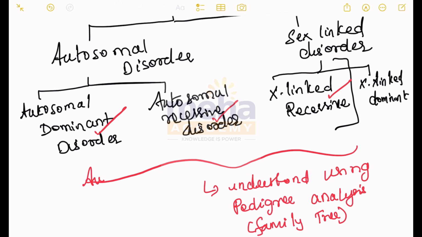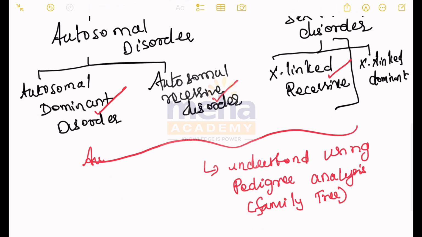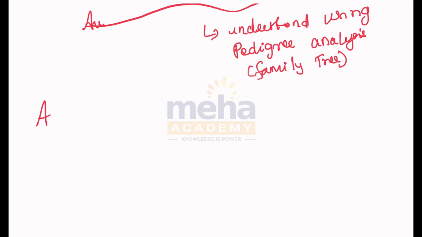It helps us find how a specific trait, whether an abnormality or disease, is inherited. So first we'll start with autosomal recessive disorder.